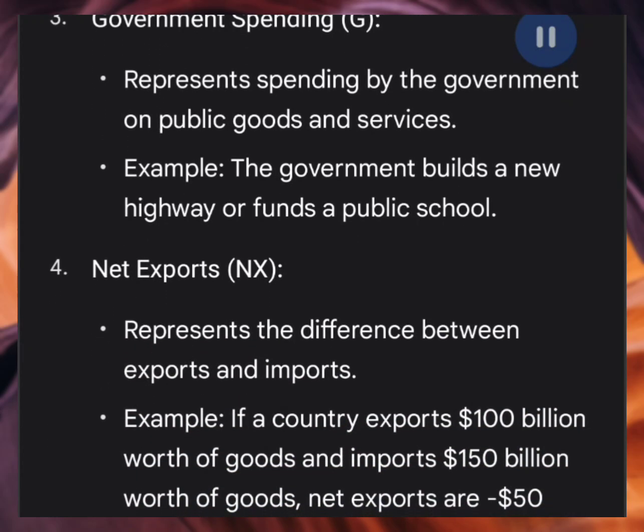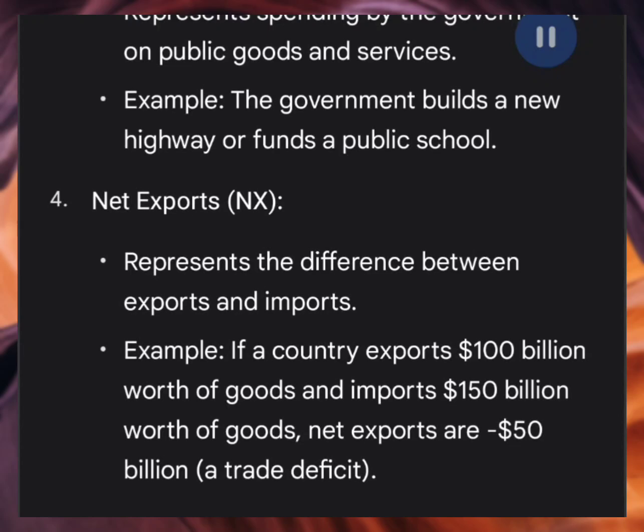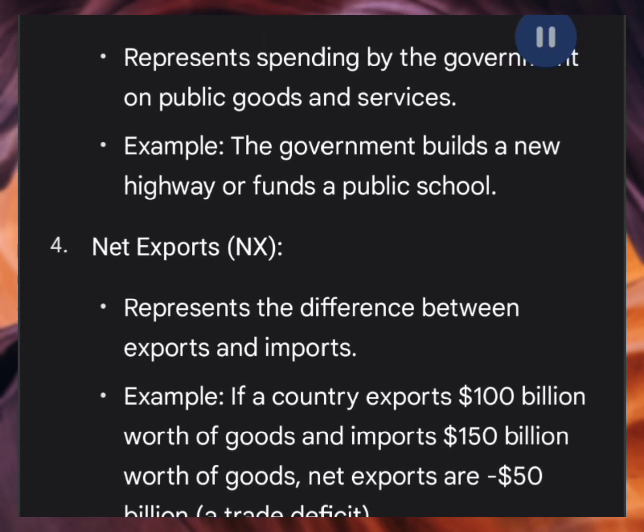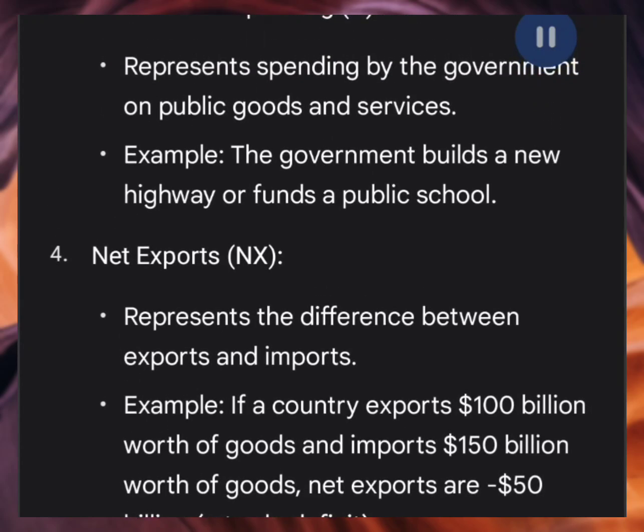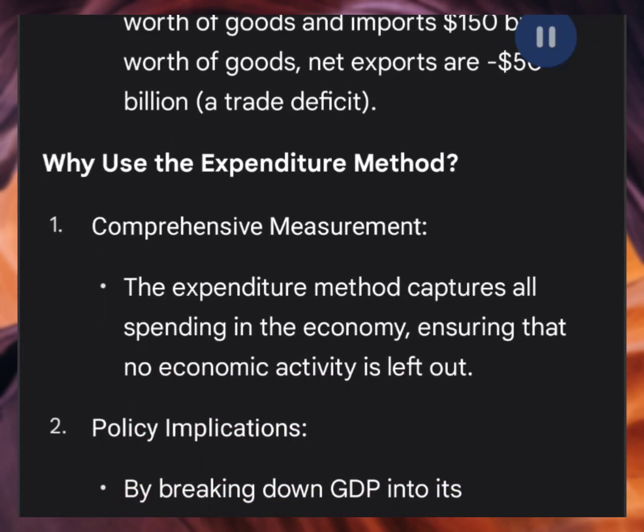4. Net exports, NX. Represents the difference between exports and imports. Example, if a country exports $100 billion worth of goods and imports $150 billion worth of goods, net exports are negative $50 billion, a trade deficit. Why use the expenditure method? 1. Comprehensive measurement.